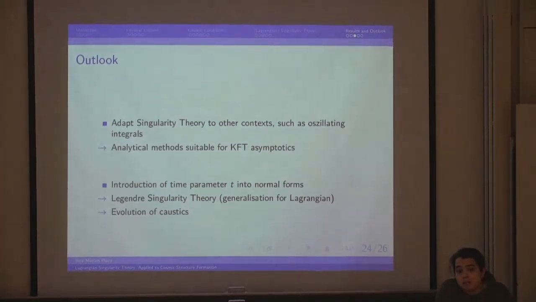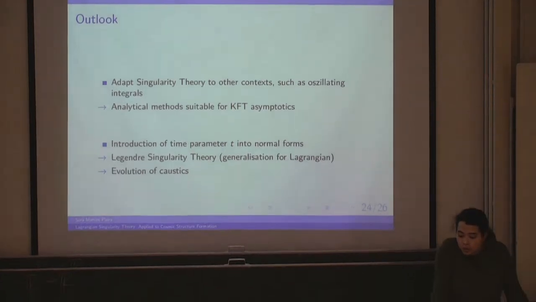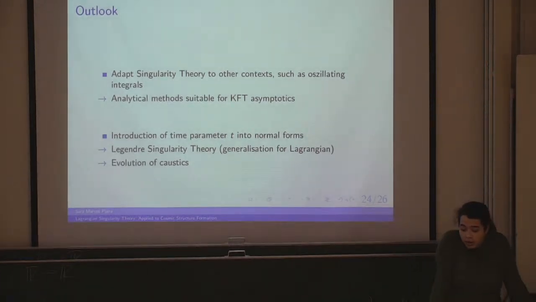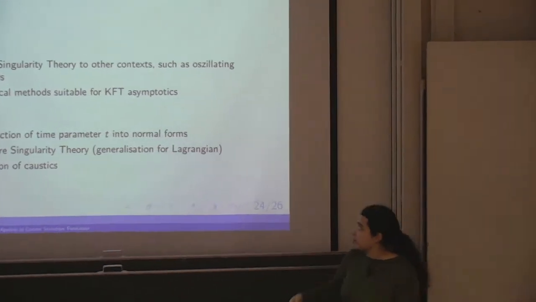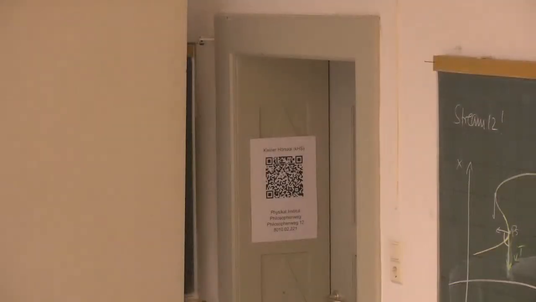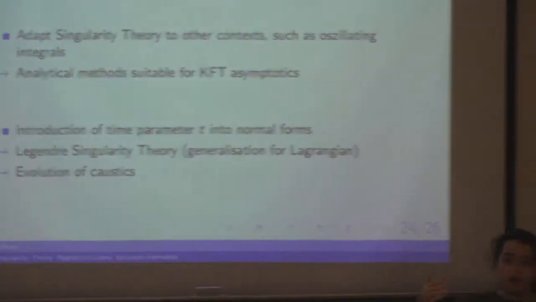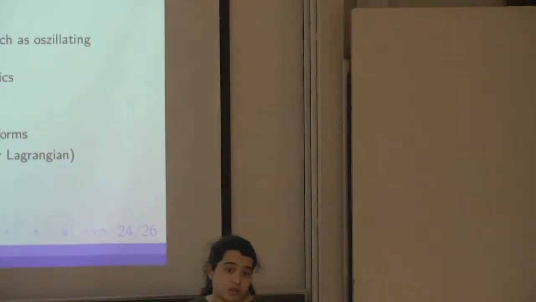Maybe singularity theory could be adapted so that it can be applied to integrals that resemble those that appear in KFT, and then we could maybe arrive at analytical representations of KFT asymptotics. At least that would be the hope.